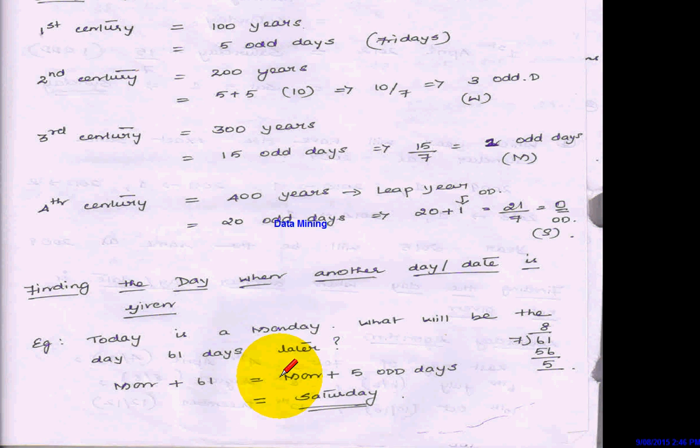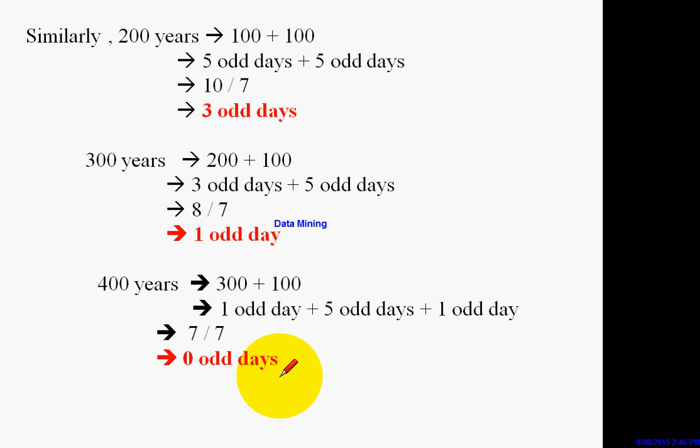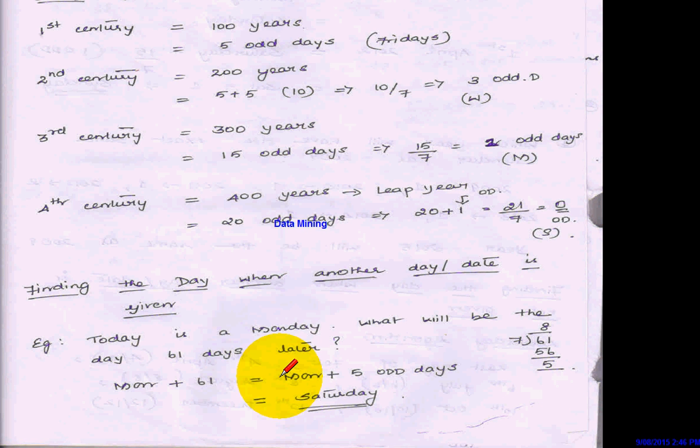Next, finding the day. Now straight away we'll move into the problem. So far we have looked into some basics, and now the first problem is finding the day when another day or date is given. Simply they'll ask, what was the day on 26th April 1986?